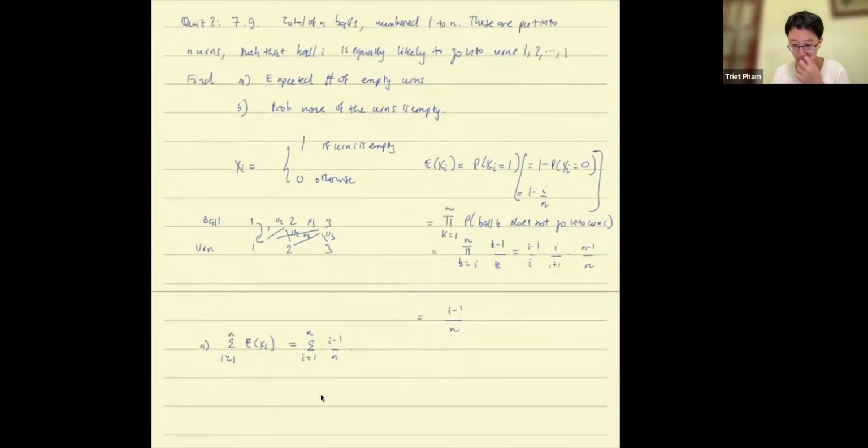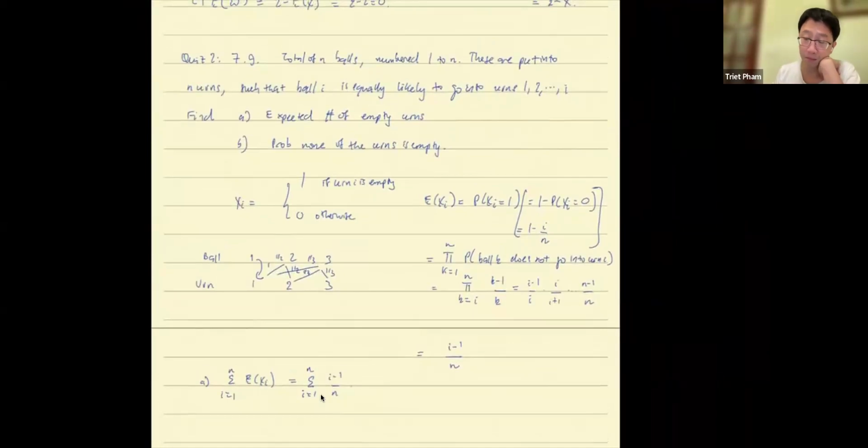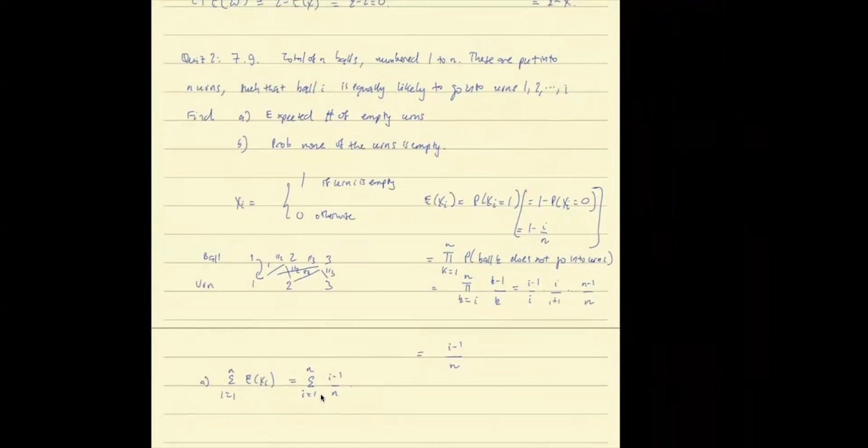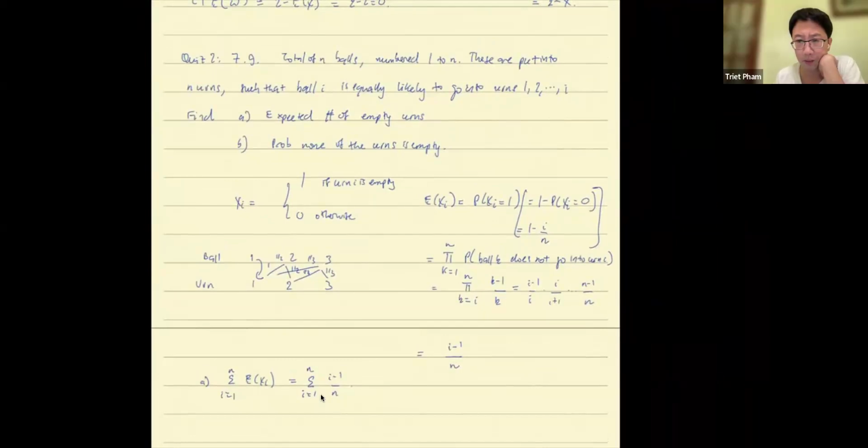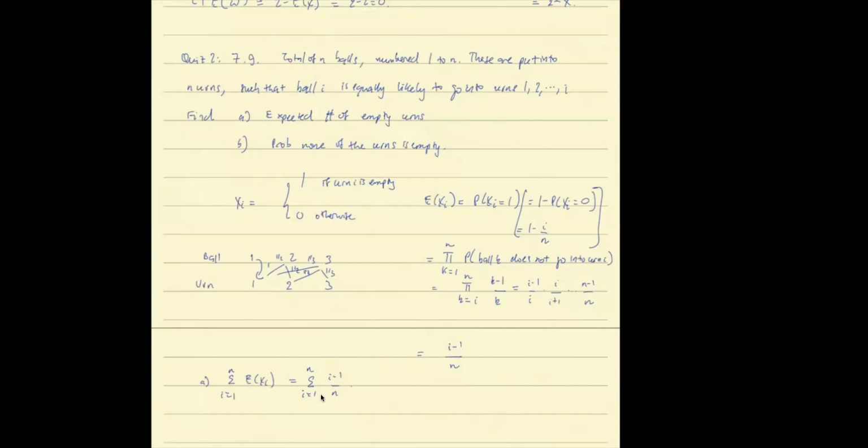In some way though, this one should remind you. Go ahead. Sorry, I'm not sure I can hear you completely, so say that again. Can you explain why you changed the bounds from k equals 1 to n to k equals I to n?